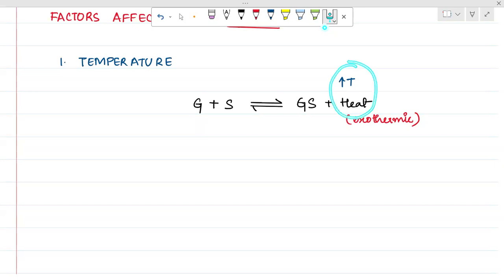So this reaction has two parts. This is the forward reaction and this is the backward reaction. Forward reaction is where you form GS and heat. Backward reaction is where you see desorption happening. Or in other words, forward is adsorption, backward is desorption.